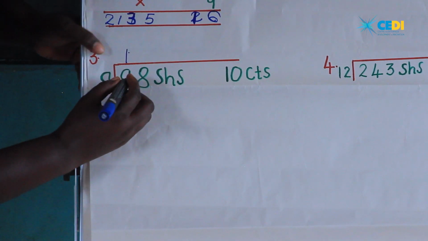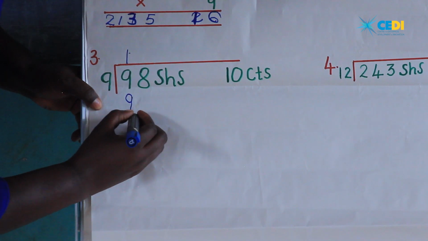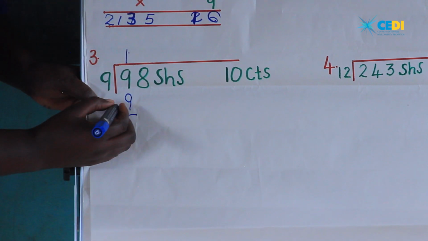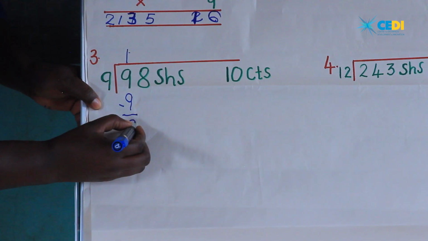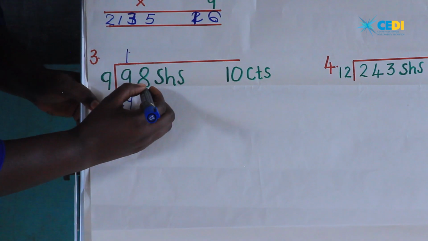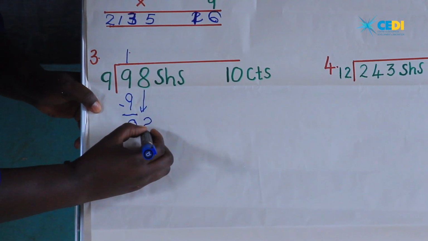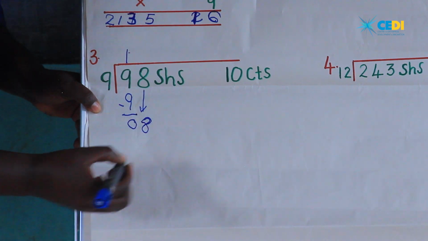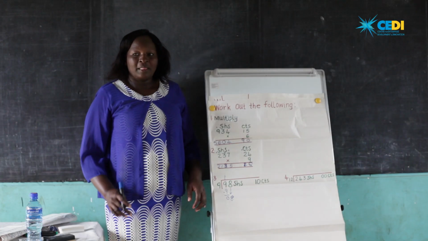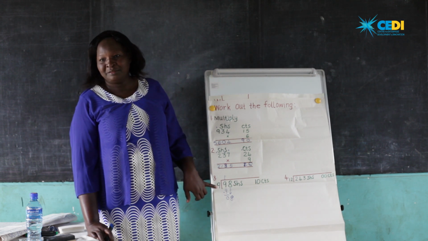1 times 9 is equal to 9. You subtract. You remain with 0. But there is still 8 up there. So we bring down 8. 8 shillings, 9 children.